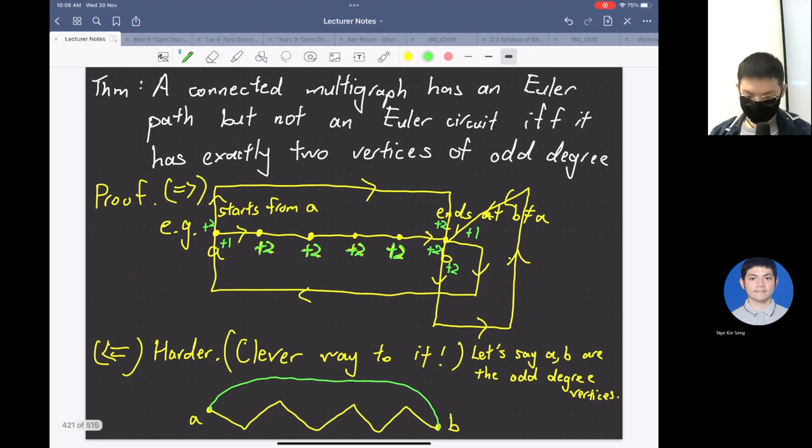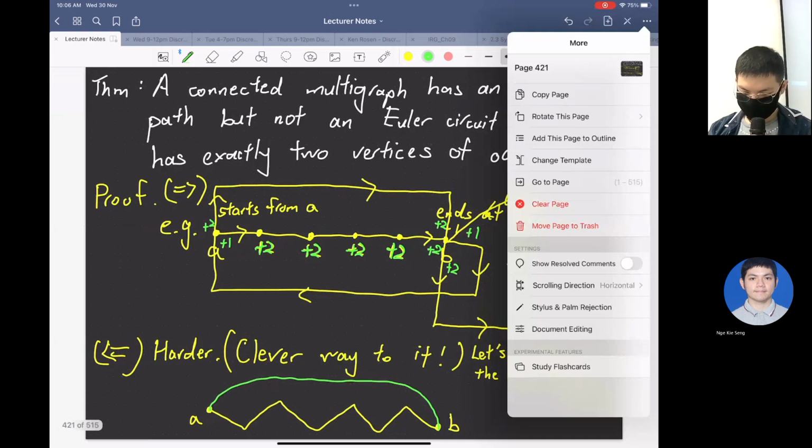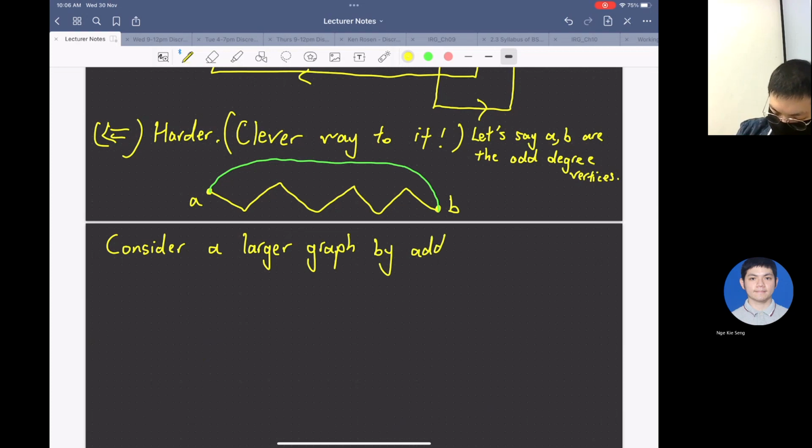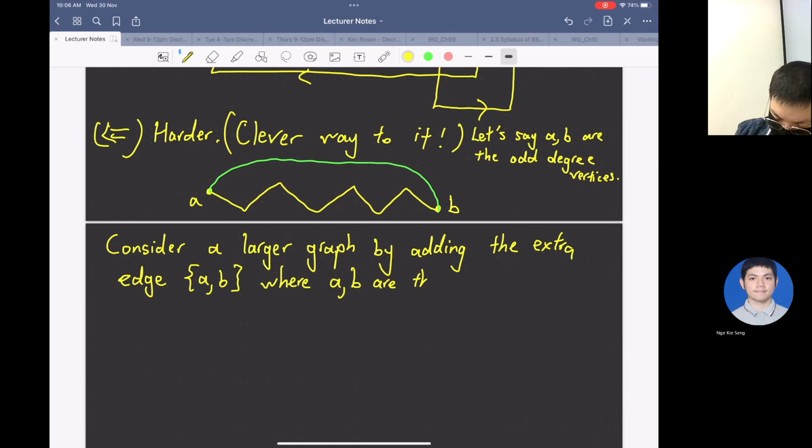When they become even degree, by the previous theorem, you can find the Euler circuit. So should I write it out or not? So we should consider a larger graph by adding the extra edge AB, where A and B are the 2 odd degree vertices.